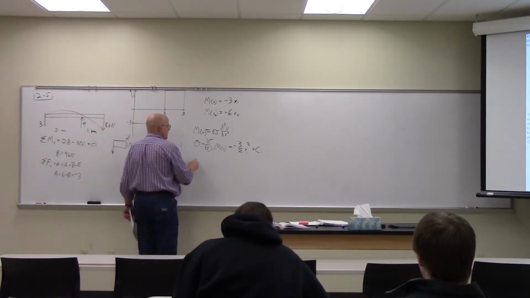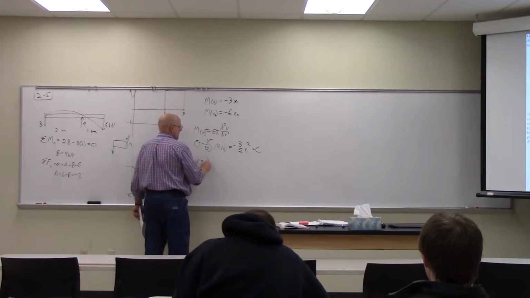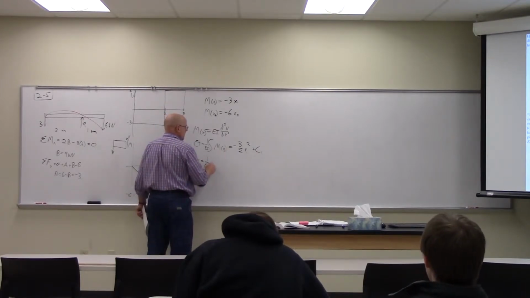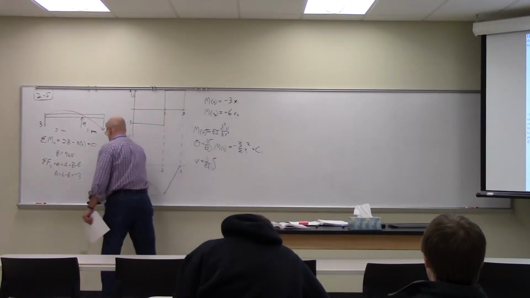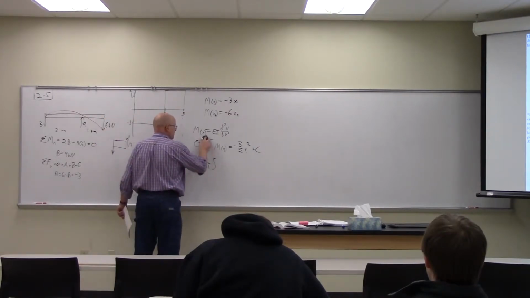And then v is 1 over EI times the integral, well, it's not true. I should just do it this way.